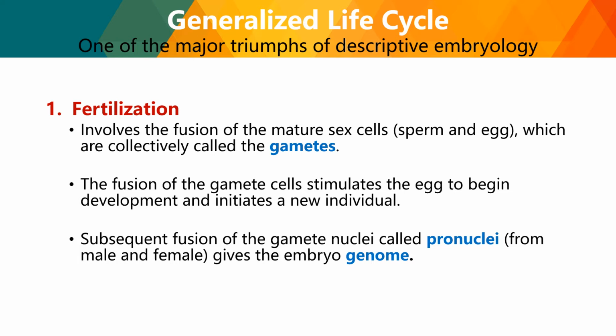It involves the fusion of the mature sex cells. Sex cells include the sperm and the egg, which are collectively known as gametes. The fusion of the gamete cells stimulates the egg to begin development and initiate a new individual. Subsequently, the fusion of the gamete nuclei, called pronuclei, from the male and female gives the embryo genome. Okay?